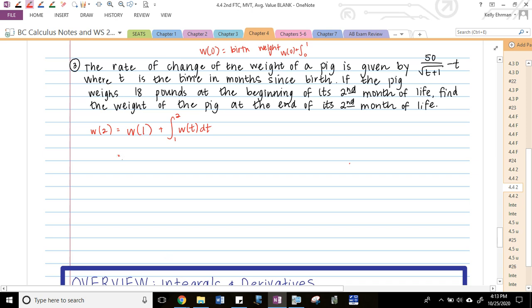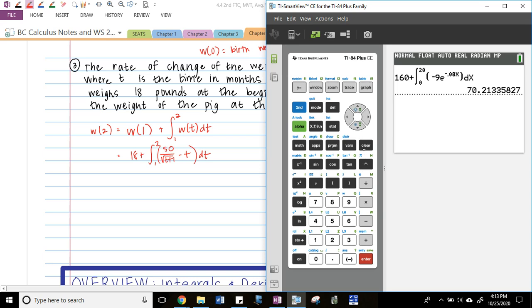So it is 18 pounds plus the integral from 1 to 2 of 50 divided by square root of x plus 1, minus x, dx.